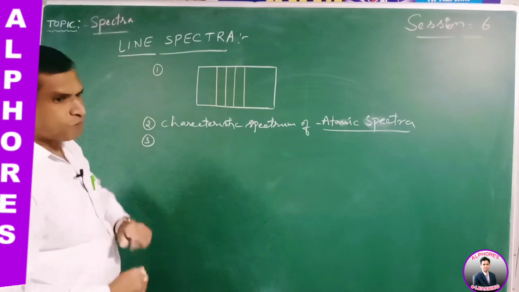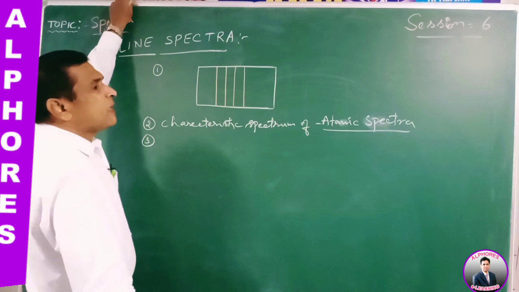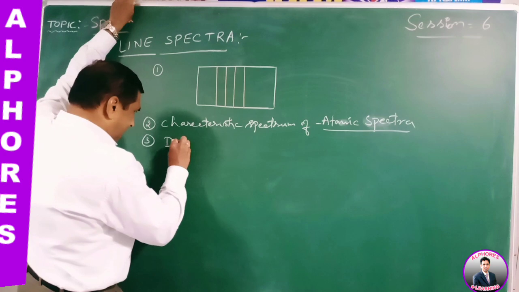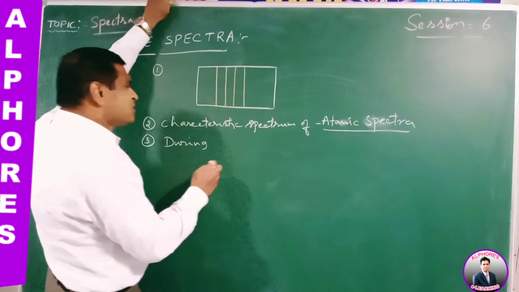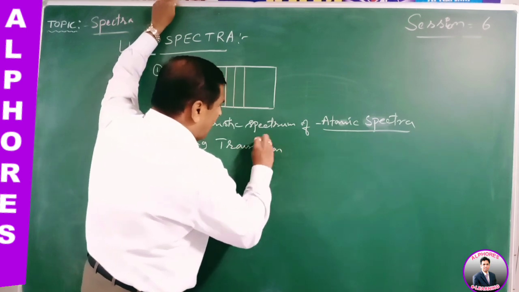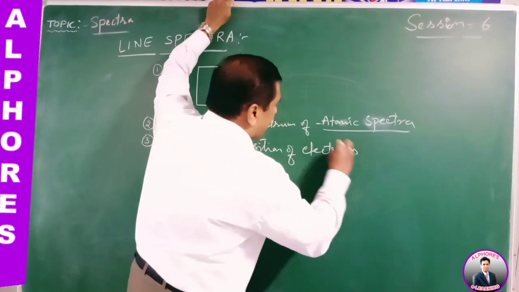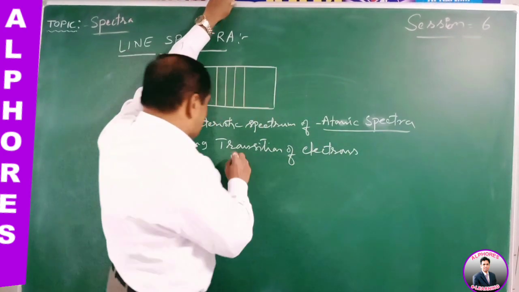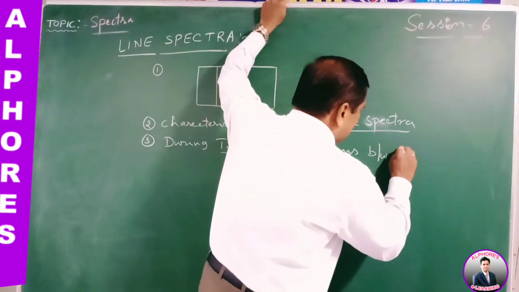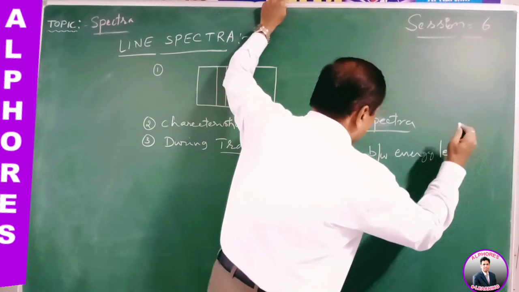Third point. Line spectra is formed during transition of electrons between energy levels in atoms.